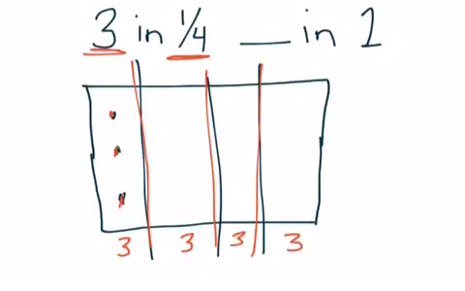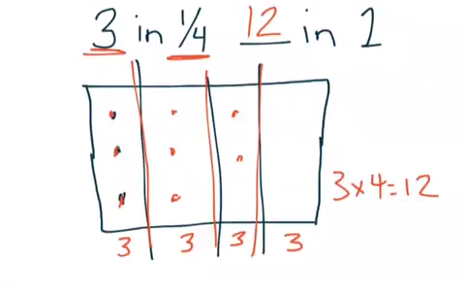And I know that 3 times 4 is going to get me to 12 cookies. If you needed to, you could draw those 3 cookies in just so that you have a visual, because you know that there are 3 cookies in 1/4. You don't have to if you can figure it out without using the visual, but you can.